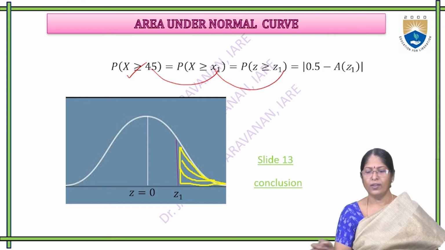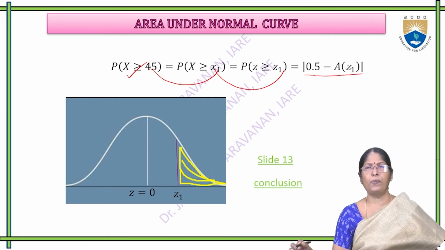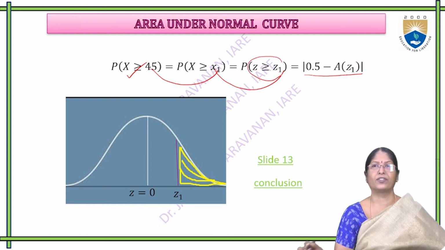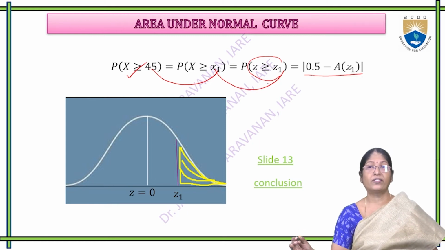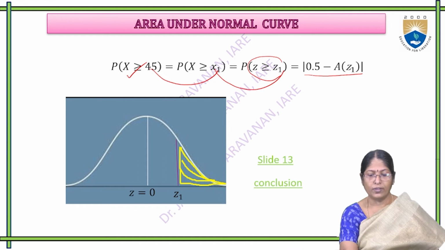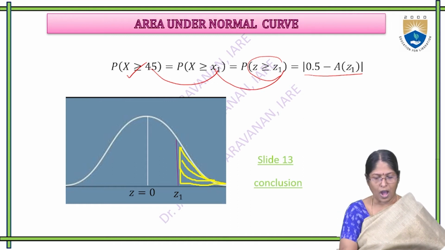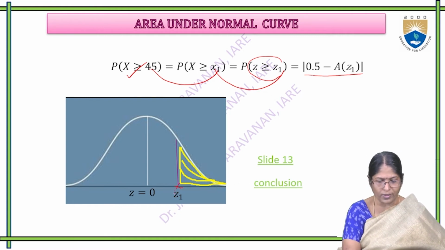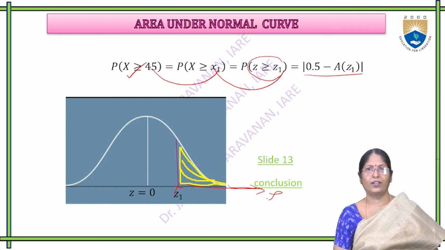Then, this formula, how we have written it is very simple logic. How to read this first? Greater than comes on the right side of z1. Our point is here, z1. To the right side of this point we have to shade, and it goes on up to infinity.